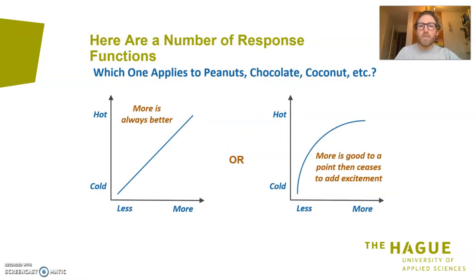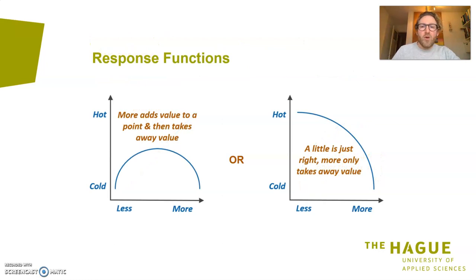So we have one where more is always better. But we also have one where there is a point when if you start adding more, there's no more excitement. Or as I just showed you, more is actually not perceived as good. So you need to find the optimum at the top.